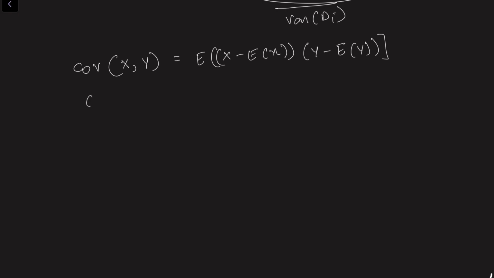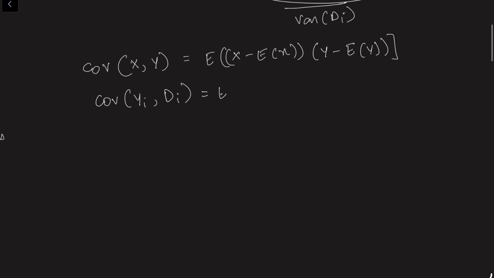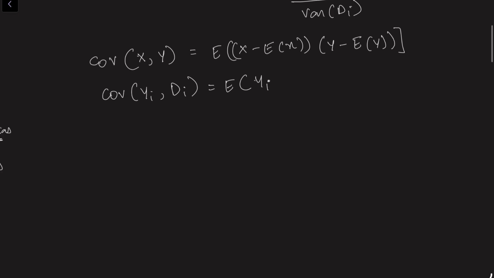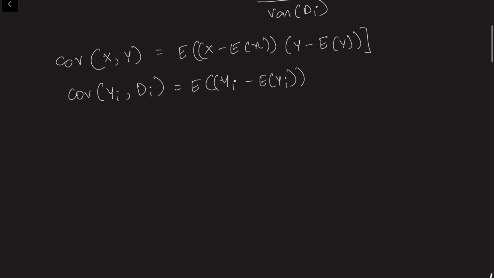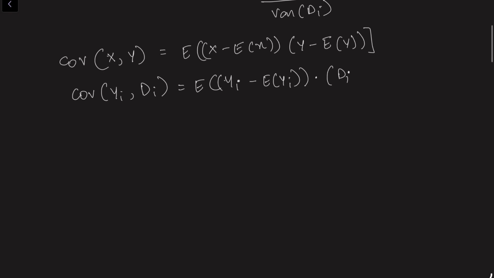So now let's rewrite this formula in terms of our variables of interest. That's expectation of yi minus expectation of yi, whole brackets, times di minus expectation of di.